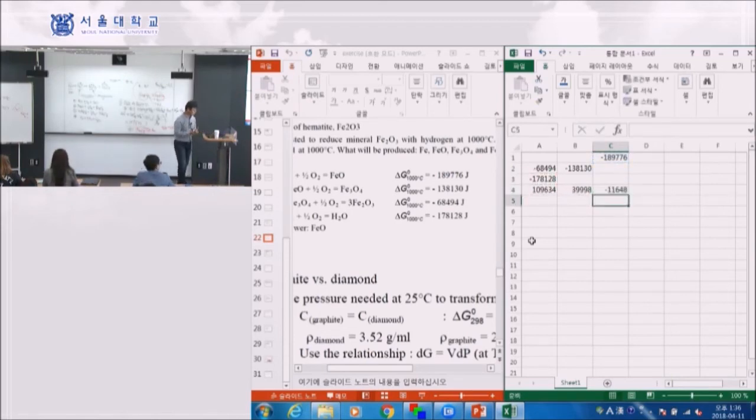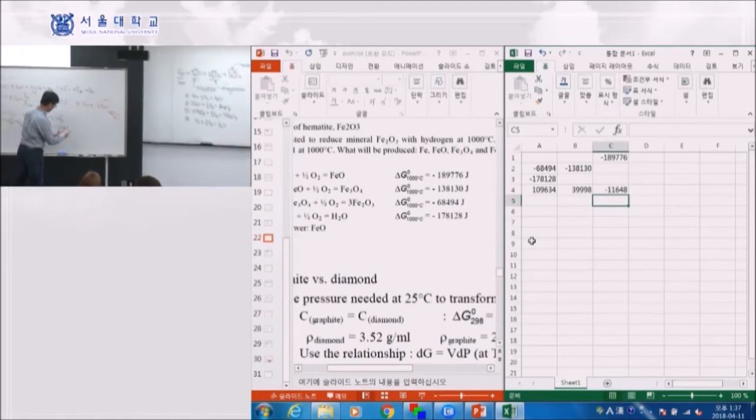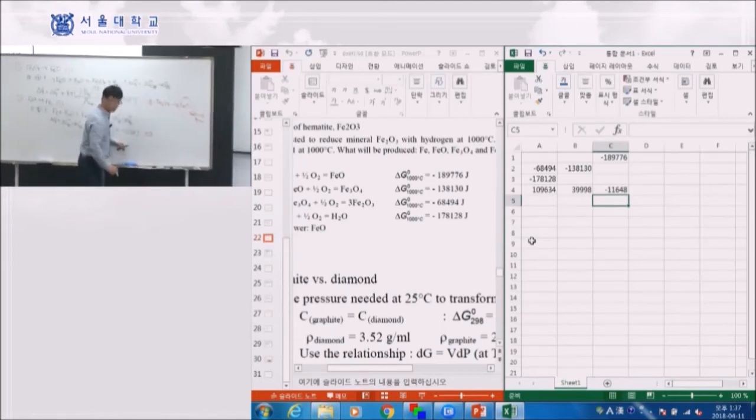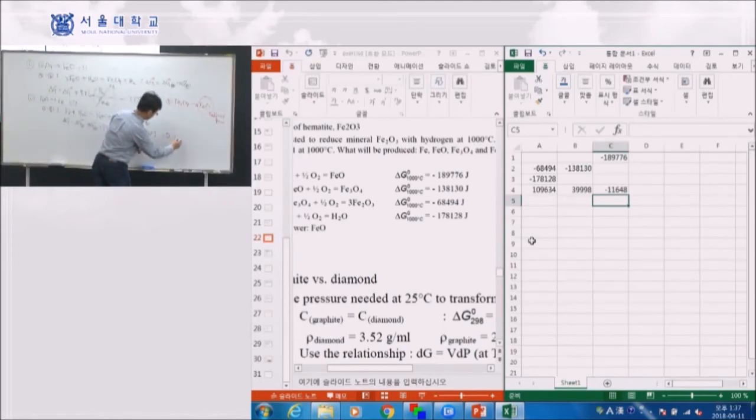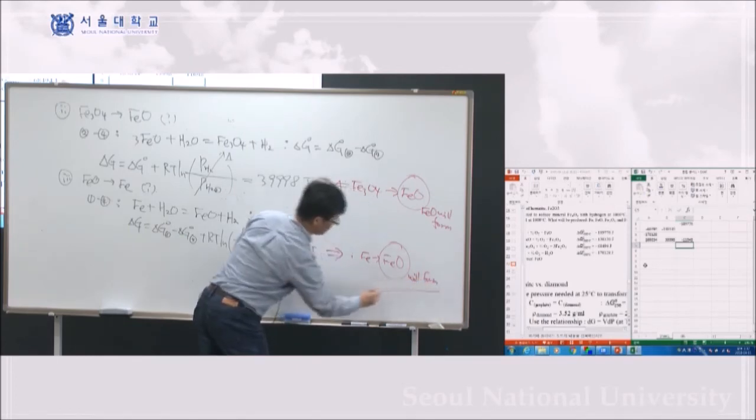So minus 1, 1, 6, 4, 8. So it's a negative. So it means the chemical reaction going to the forward reaction. So it means Fe will become FeO.